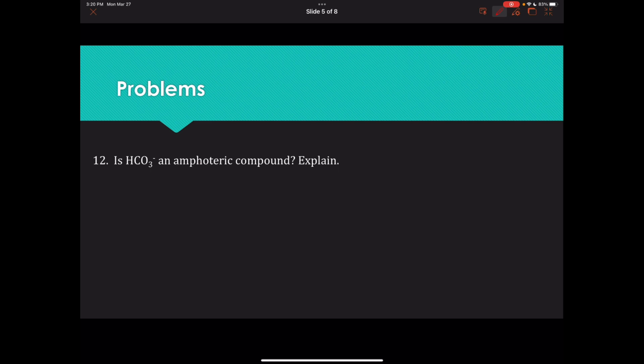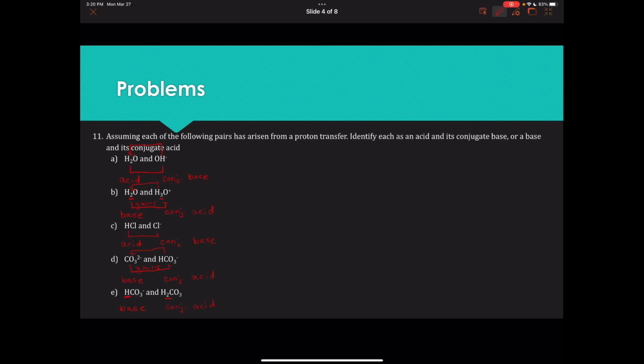Now, we're then asked if the bicarbonate, the HCO3 minus, is amphoteric. So remember that we said that amphoteric was going to be a substance that could behave as both an acid and a base. Now, if we look back at our previous problem, in part D, that HCO3 minus was an acid.